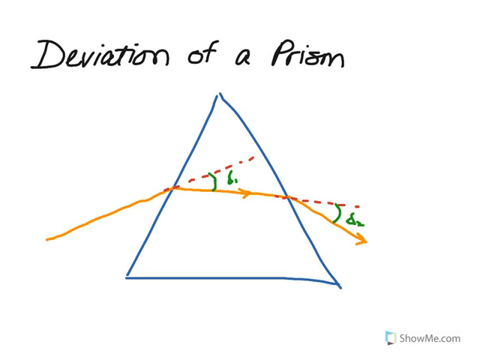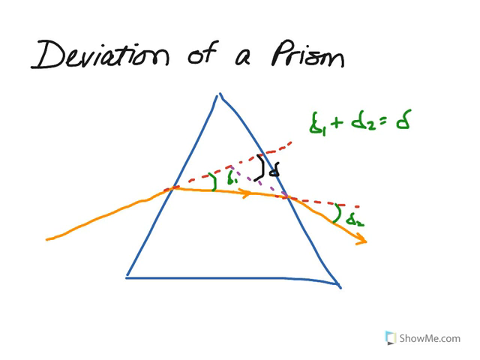And we will find that if we were to extend this final emergent ray back, the angle between the first incident ray and the final emergent ray is going to be our total deviation, delta. And it turns out that delta 1 plus delta 2 equals the total deviation of the prism.